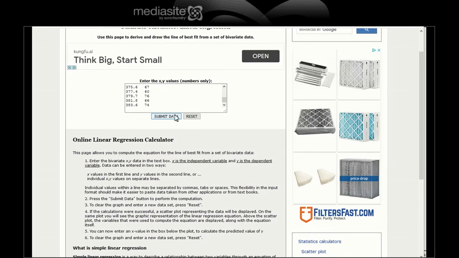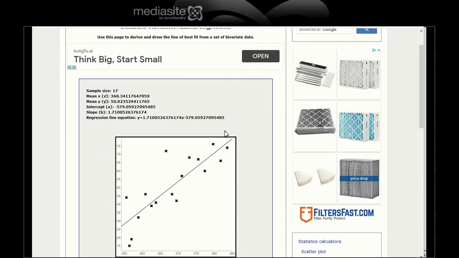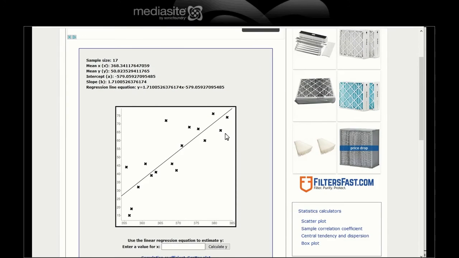Paste. Submit data. Oh my, that was quick. And it gives you data, maybe something you may want to copy down and keep in a notebook for future reference or future use.